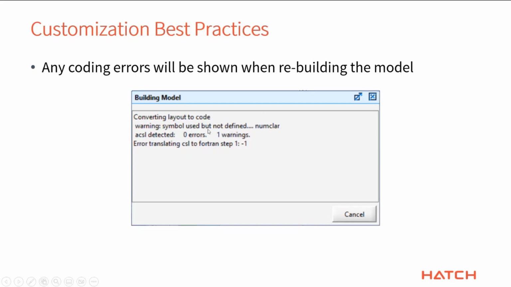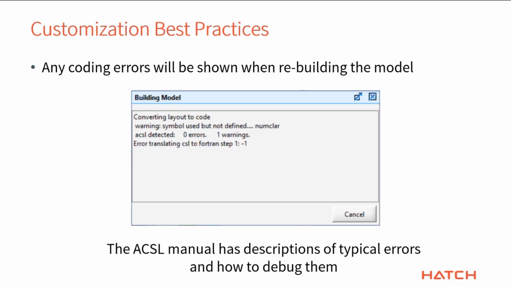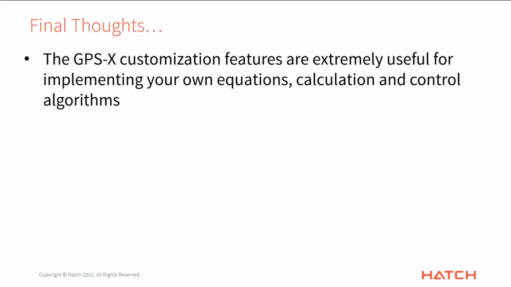This particular situation is very common, where basically it found something on the right-hand side of an equation that was never defined on the left-hand side of the equation anywhere else. So basically, this is saying I don't know what this number is. Now, the Axel manual that you can use has descriptions of all of these typical errors and how to look for and find the solution to them. And you can always send us a tech support question, and we'll handle that too.